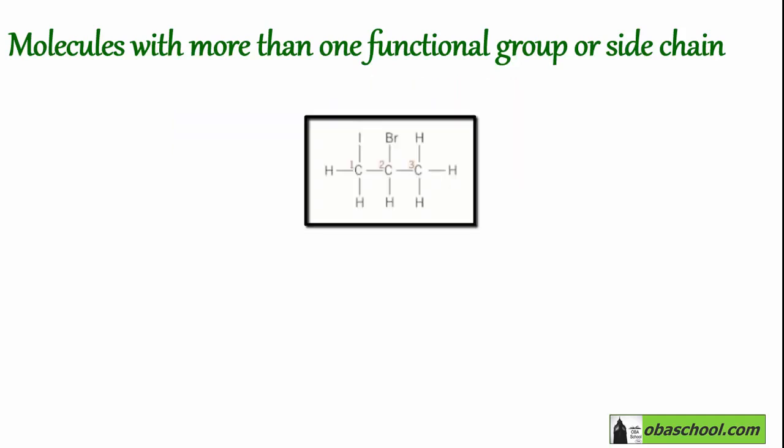Let's take another example. We have this molecule, which contains a bromine atom and an iodine atom, and we have 3 carbon atoms in the main chain. So the root name will be propane because we have 3 carbon atoms bonded singly to each other. Let's number the carbon chain 1, 2, and 3.